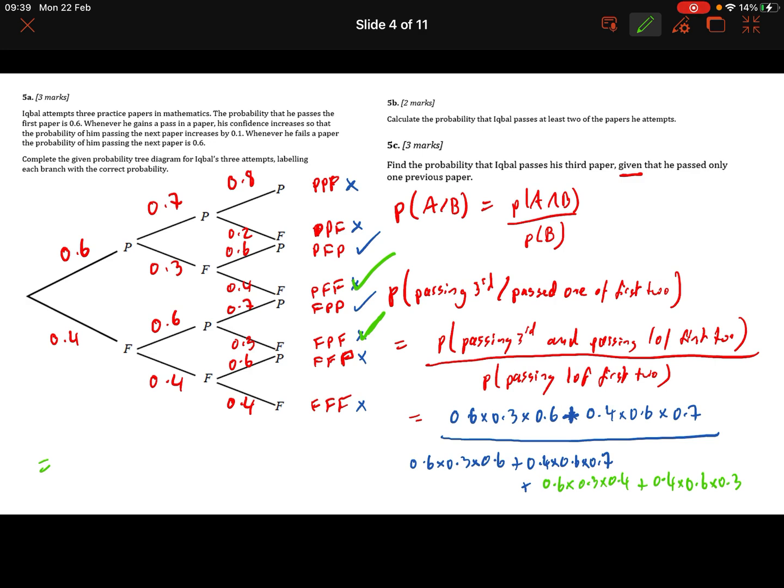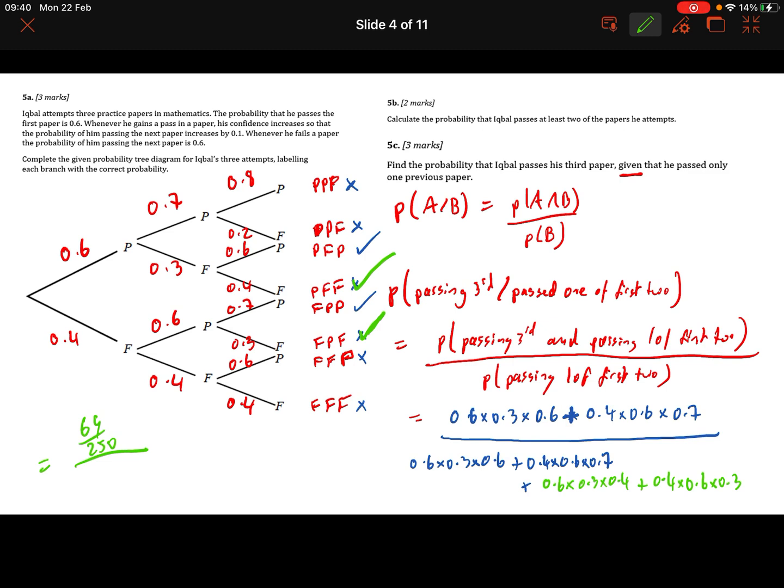Okay, and if we whack all that into a calculator, let's do the numerator first. 0.6 times 0.3 times 0.6 plus 0.4 times 0.6 times 0.7 gives me a numerator of 69 over 250.